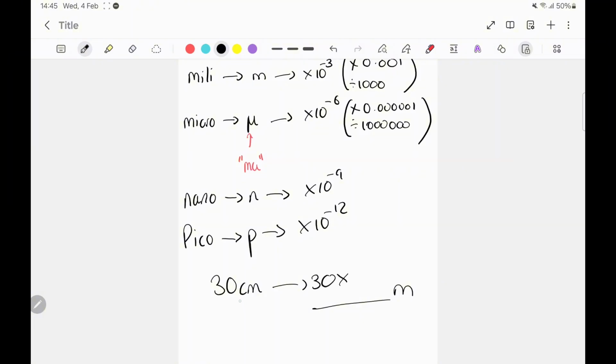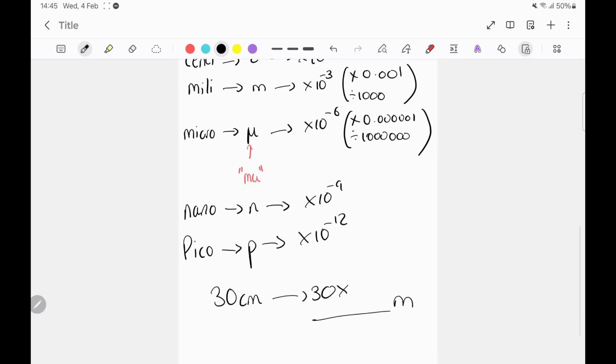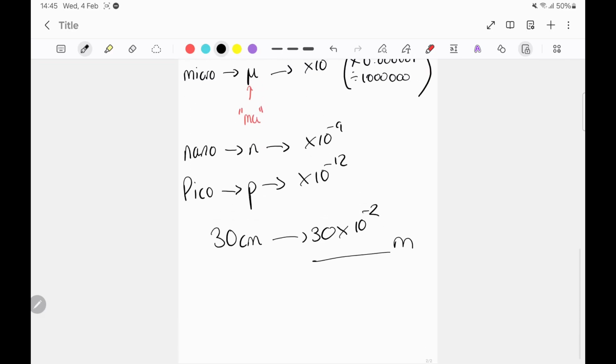We replace centi with its multiplier, which is times 10 to the minus 2. You can either grab your calculator and put that in, or remember that times 10 to the minus 2 is dividing by 10 two times, which is dividing by 100. So this is 30 divided by 100, which gives us 0.3 meters. So 30 centimeters is 0.3 meters.